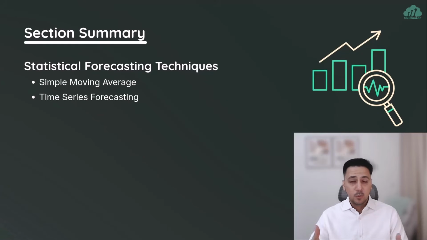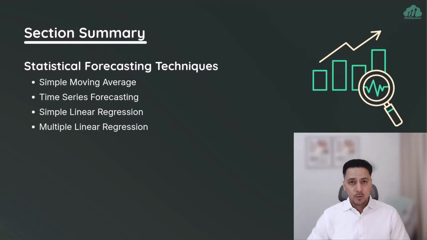Time series is quite useful when past patterns are expected to continue into the future. Next, we introduced linear and multilinear regression, where demand is explained using business drivers like price, promotions, or marketing activity. These techniques are especially useful when future demand is expected to change due to planned business actions.